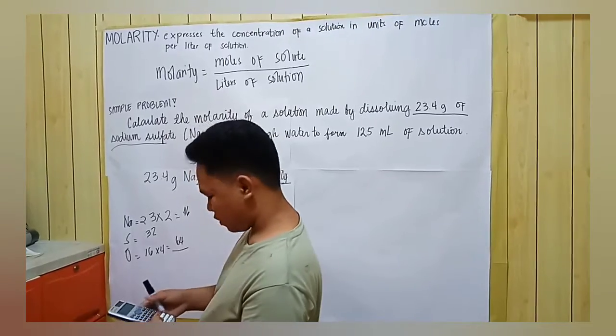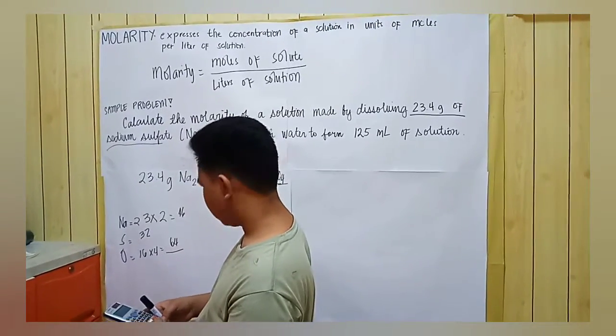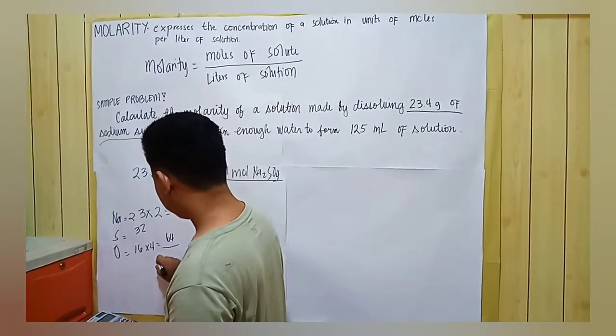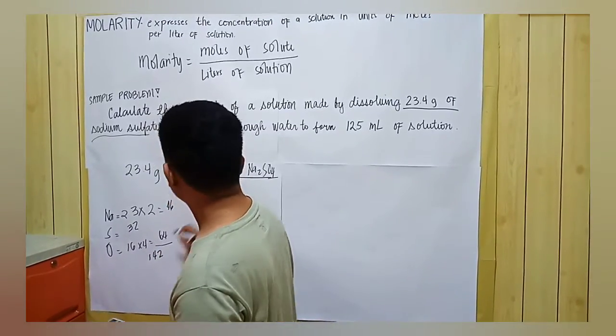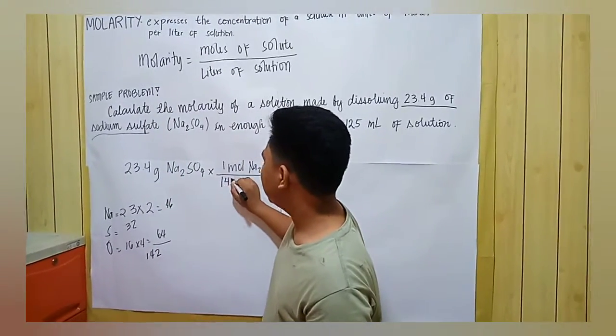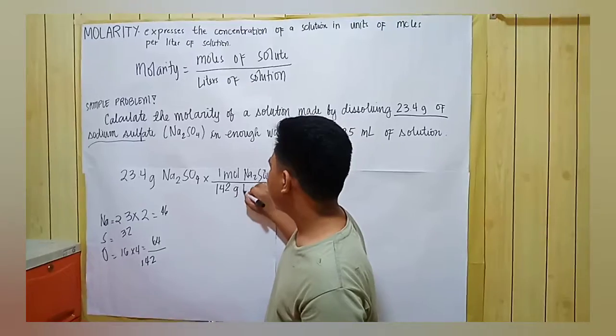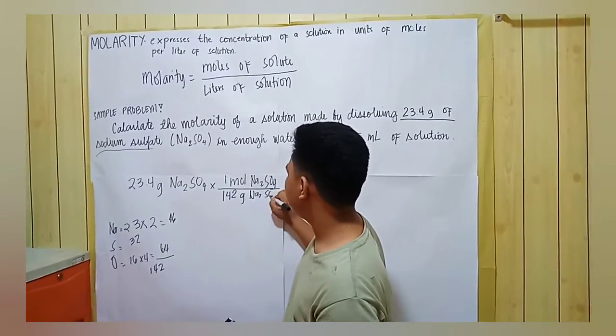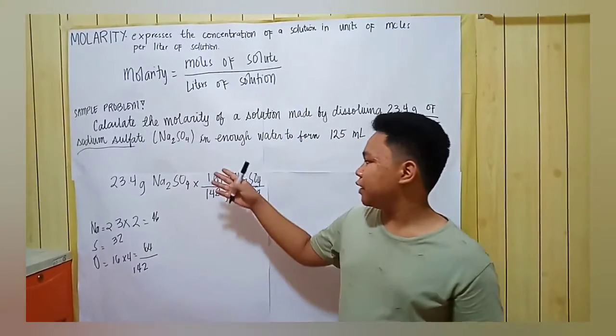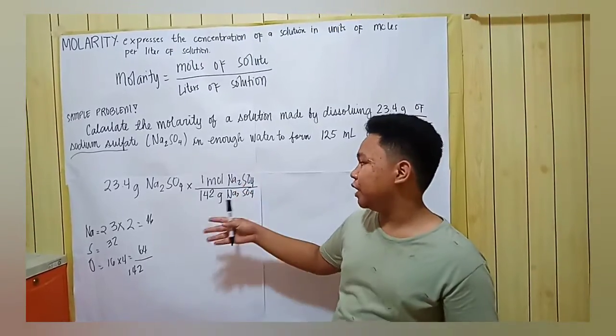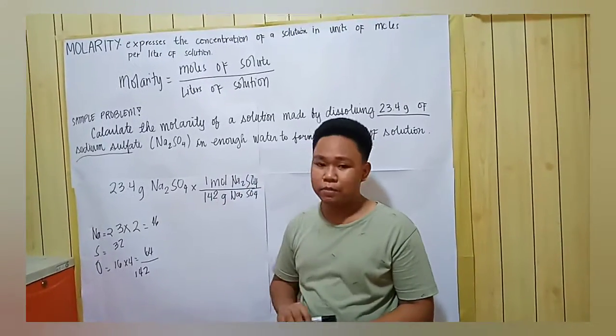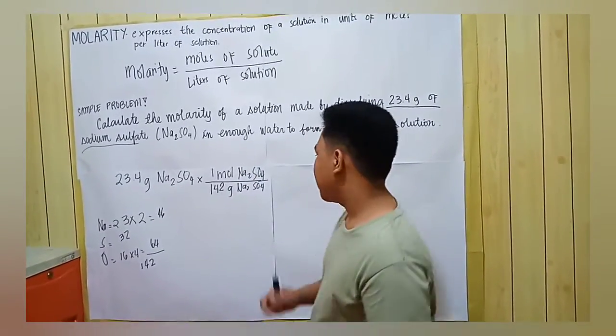So adding that together, we have 46 plus 32 plus 64, which gives 142 grams of Na2SO4. So in every 1 mole of Na2SO4, it contains 142 grams of Na2SO4.